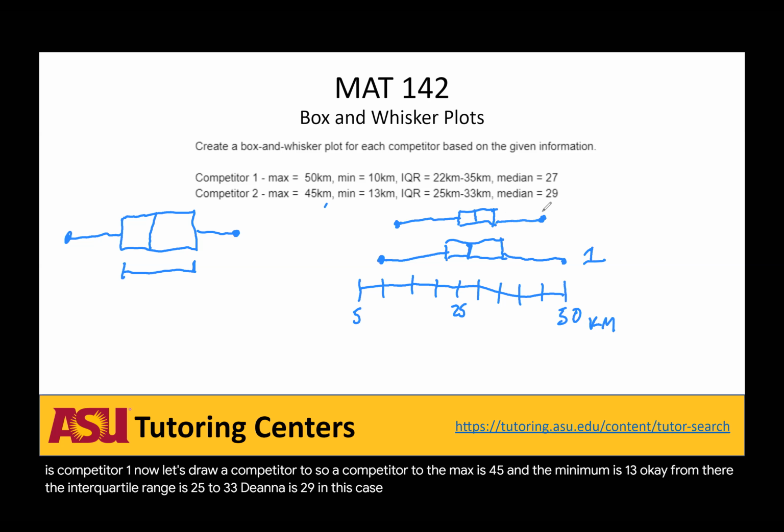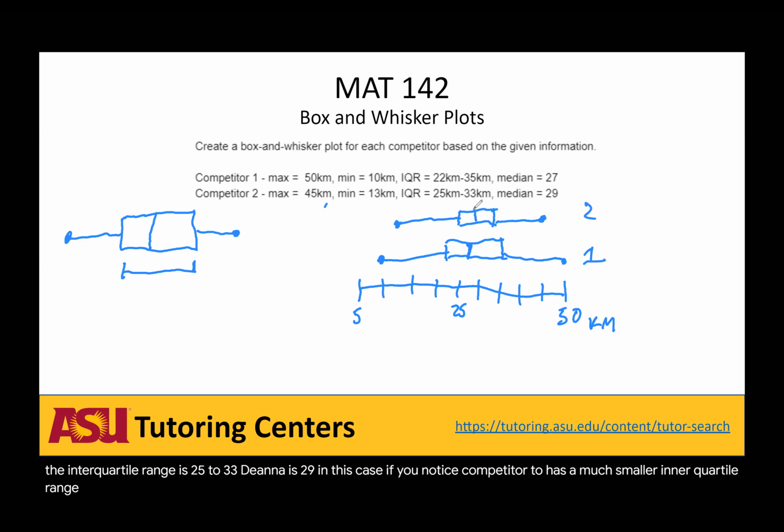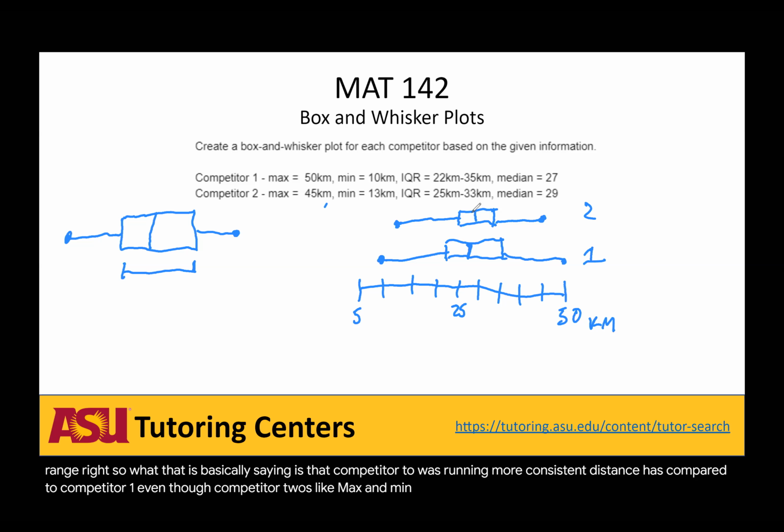So if you notice, competitor 2 has a much smaller interquartile range, right? What that is basically saying is that competitor 2 was running more consistent distances compared to competitor 1, even though competitor 2's max and minimum distances are pretty close to competitor 1's, right?